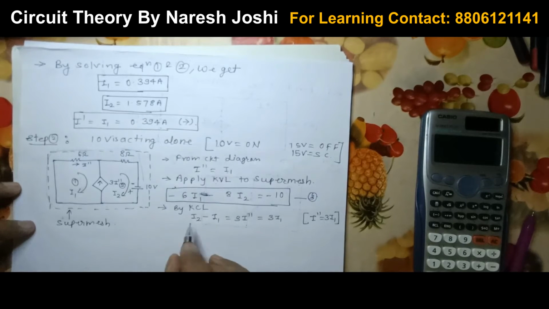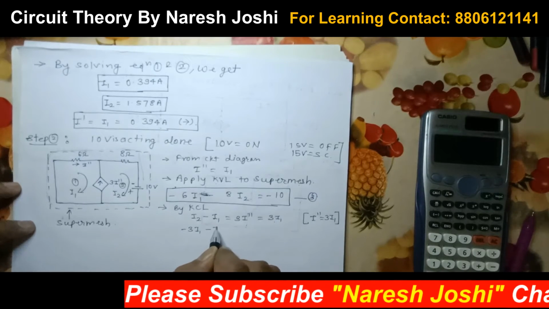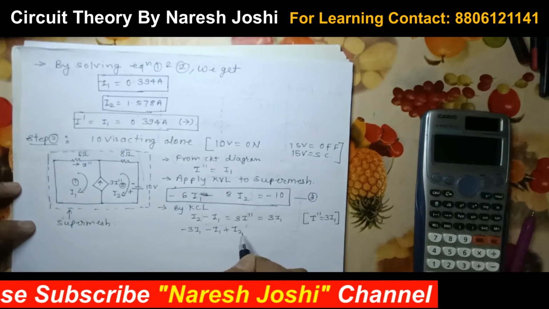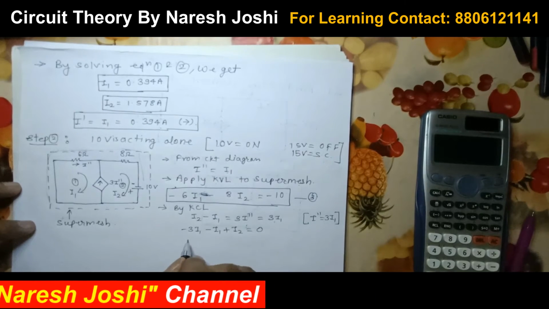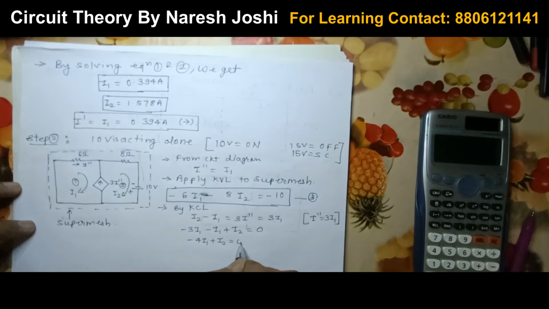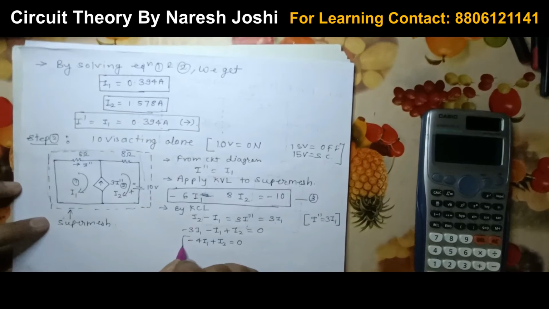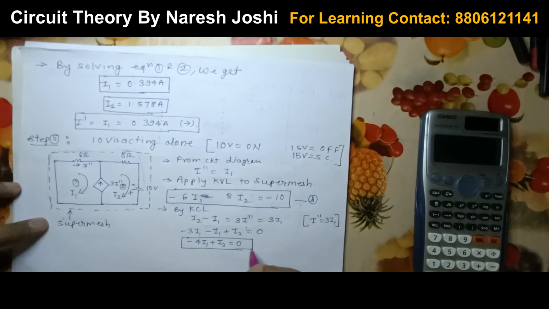So I will simplify it. I will shift this 3I1 to the left hand side, so it becomes minus 3I1 minus I1 plus I2 equals 0. So this is minus 4I1 plus I2 equals 0, and this is our equation number 4, okay.